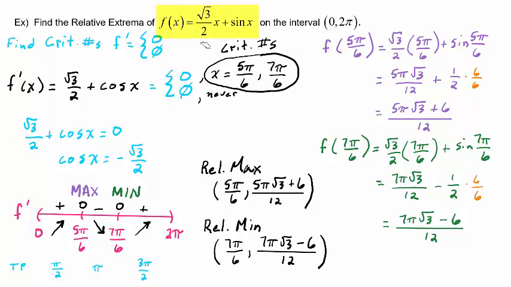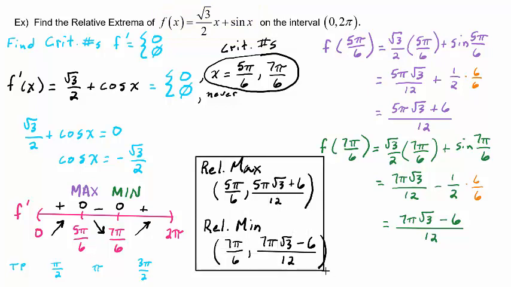So f of x equals rad 3 over 2 x plus sine of x will have two relative extrema. We found a relative max at 5 pi over 6, comma 5 pi rad 3 plus 6 over 12. And we found a relative min at 7 pi over 6, comma 7 pi rad 3 minus 6 over 12.